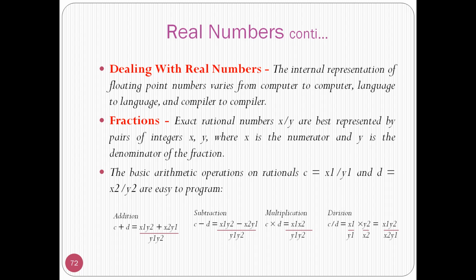And if I want to do the division, c divided by d is equal to x1 divided by y1 into y2 divided by x2, which is equal to x1 y2 divided by x2 y1.